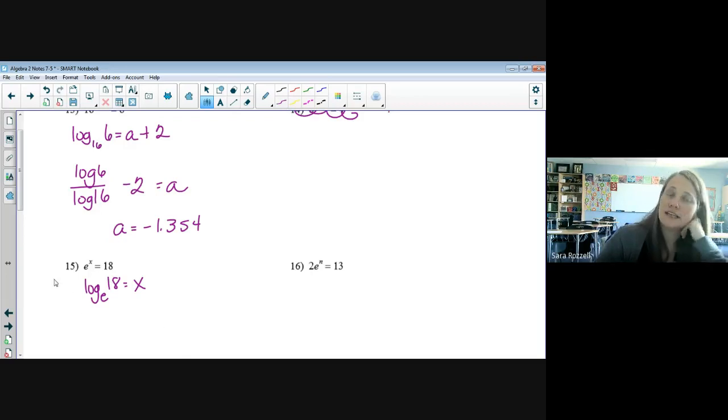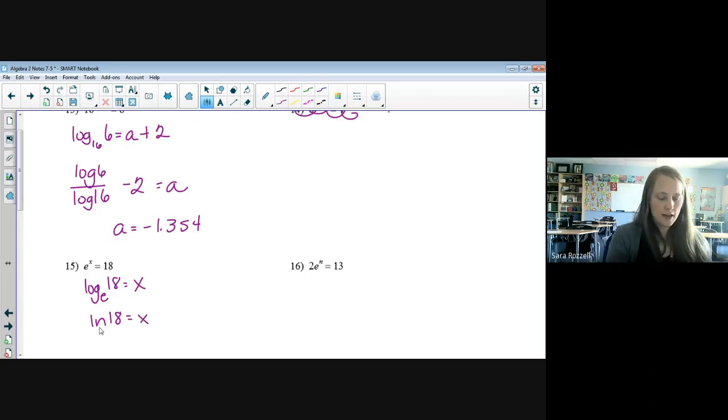And if you put this in the calculator, log 18 divided by log e, you would get the right answer. But we also know that log base e is the same thing as ln. So remember, log base e is the same as natural log. So sometimes it's easier just to type that in. There's an ln button in your calculator as well.